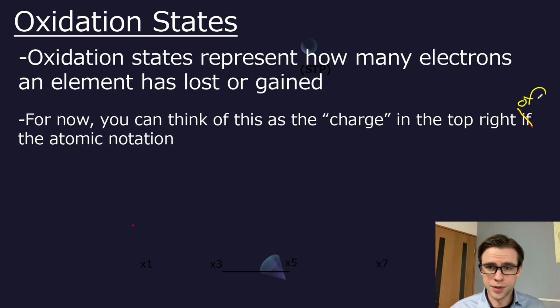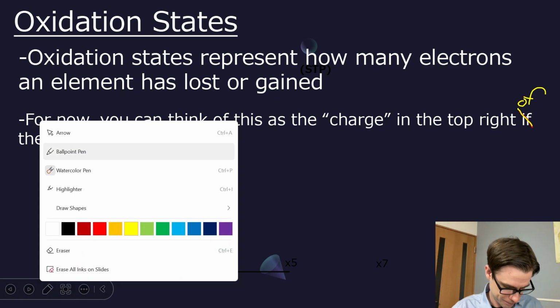So, you've probably seen element nuclear notation with possibly a number of protons or atomic weight or some charge in the top right as a superscript. These represent a type of oxidation state as well. And oxidation states extend beyond that a little bit, which we will learn in future lessons. But for now, that top right net charge of an element or ion represents its oxidation state.